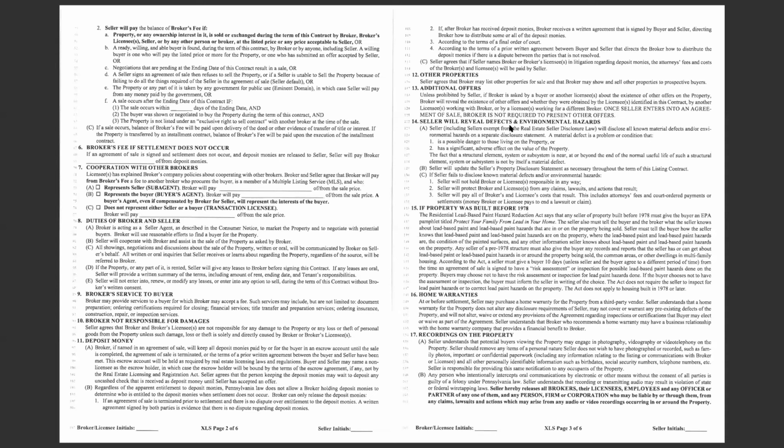The escrow account will be held as required by real estate licensing laws and regulations. Buyer and seller may name a non-licensee as an escrow holder, in which case the escrow holder will be bound by the terms of the escrow agreement, if any, not by the Real Estate Licensing and Registration Act.